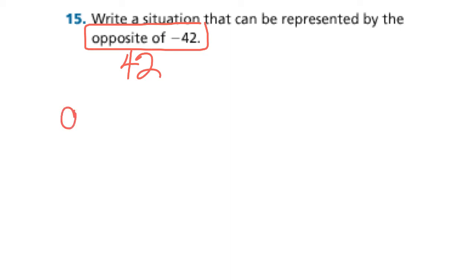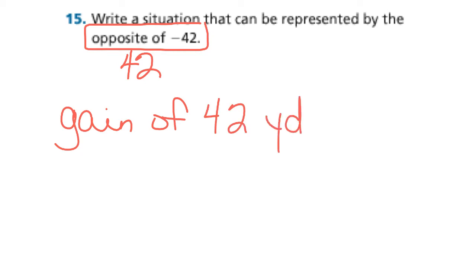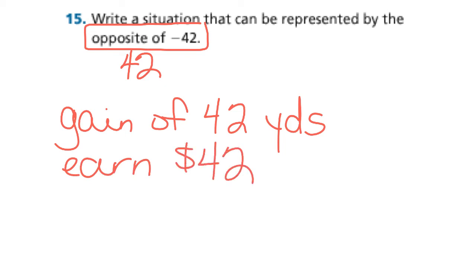This could be a gain of 42 yards in the football game. It could be that you earn $42 babysitting. Whatever your situation is, you want your word to be positive.